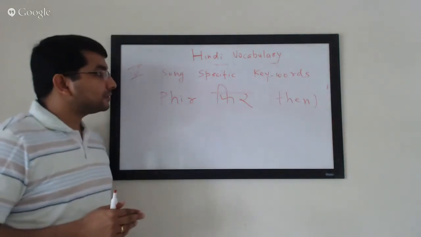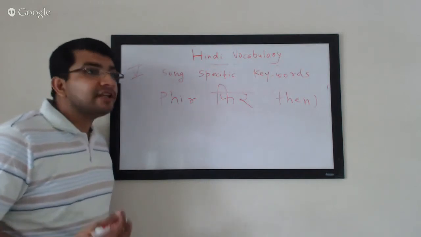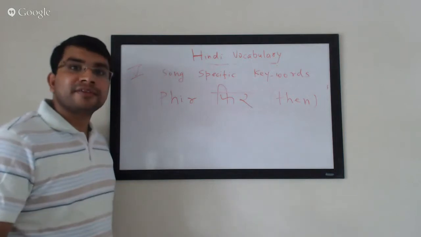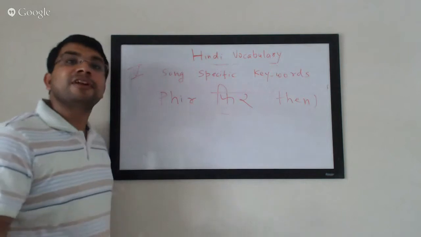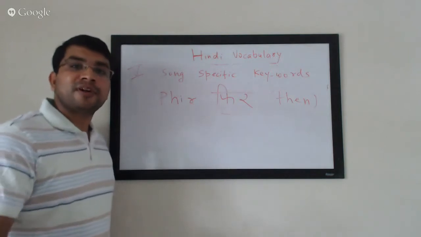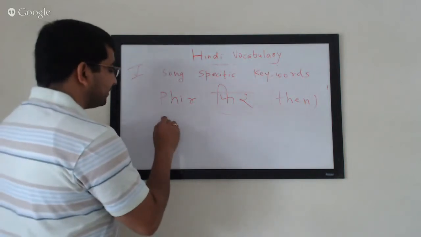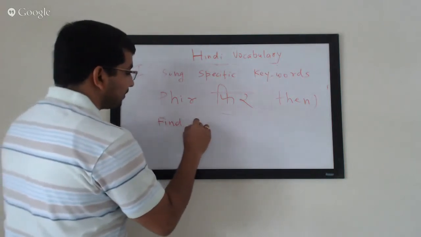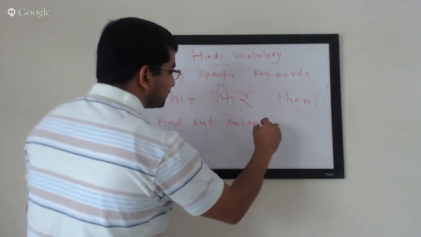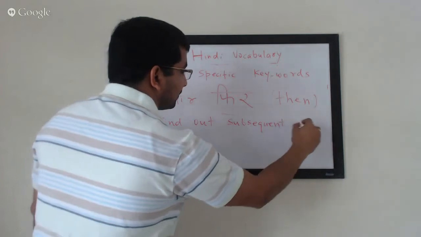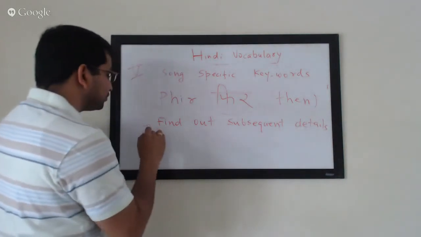Let's say somebody is explaining certain things to you, and you are very curious and you want to find out what happened after that. You can use this keyword, fir. Fir kya hua, what happened after that? So it's basically to find out subsequent details. It can be used in storytelling.